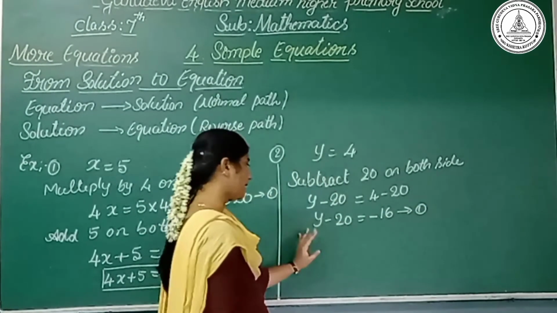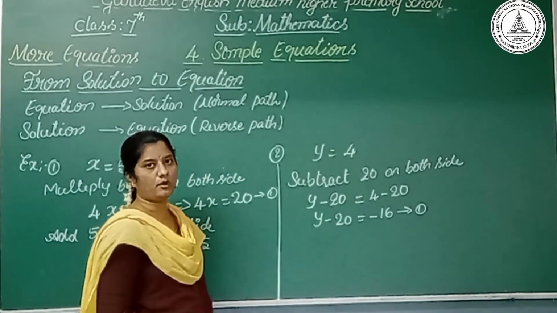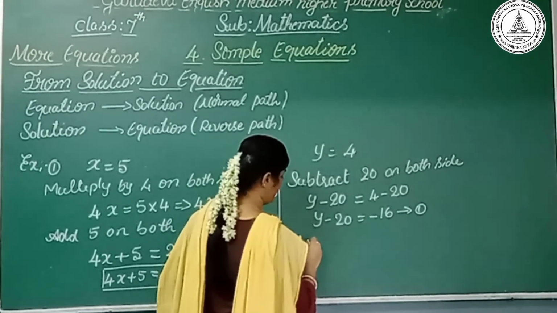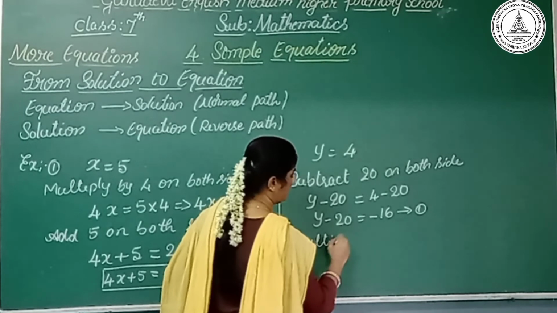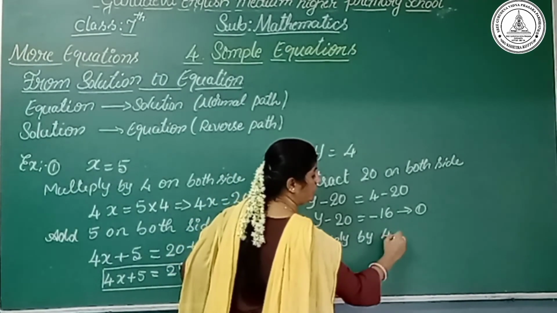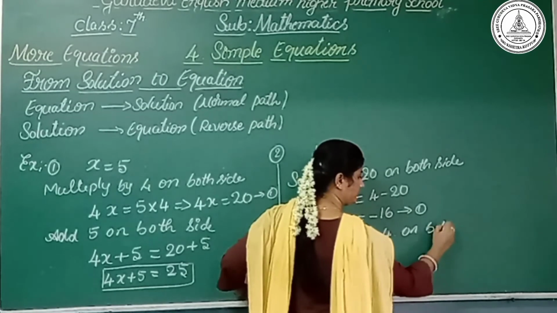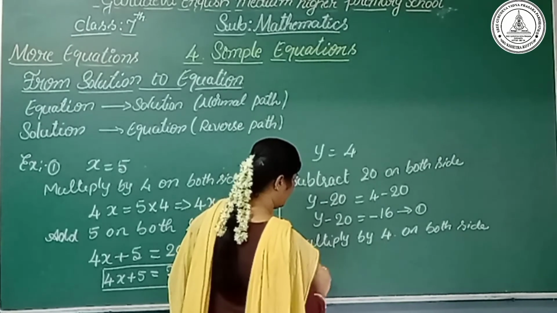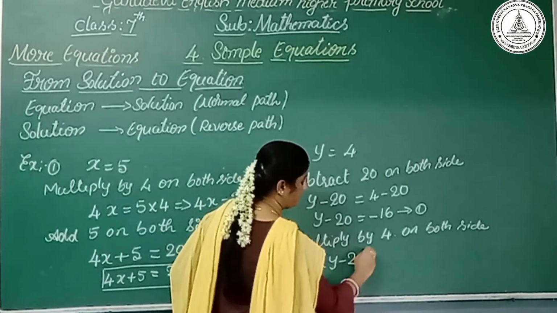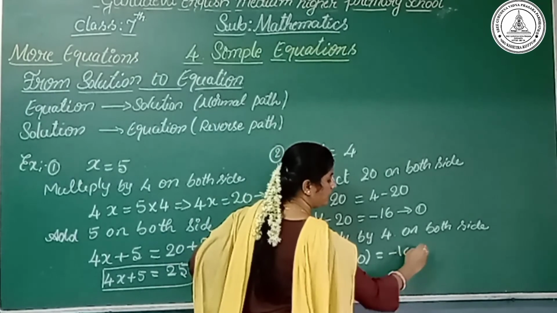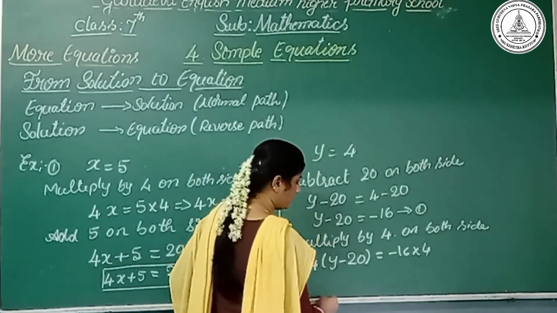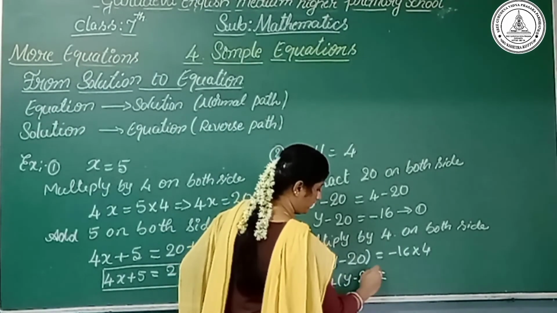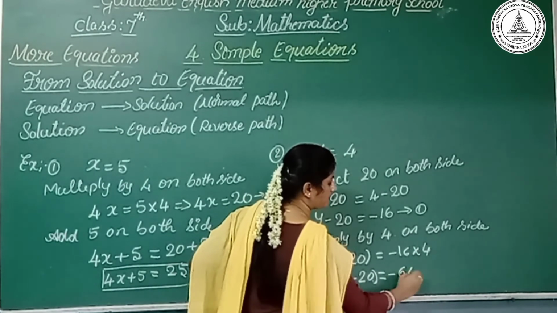For this equation again I will multiply by 4 on both sides. Then I will get on the LHS 4 into y minus 20, which equals minus 16 into 4, that is minus 64.